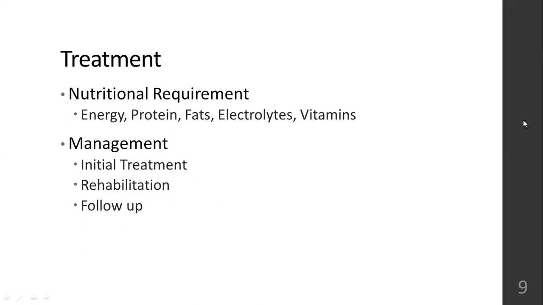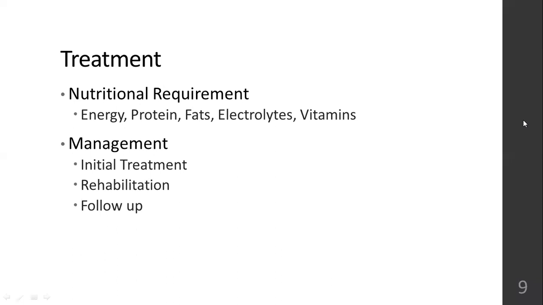Then in follow-up, the child is discharged. The child goes back home, and the home environment is one of the major causes that leads to malnourishment. Usually, social factors like poverty, living below the poverty line, non-accessibility of food, and gender bias in children lead to malnutrition.